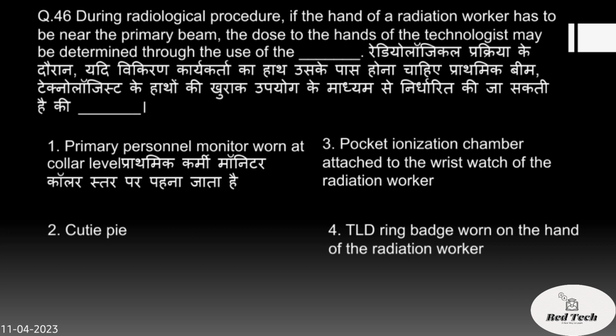So the right answer is option number 4, TLD ring badge worn on the hand of the radiation worker. If you want to know in detail about the TLD, you can watch my video TLD badge from the Red Tech official videos in English.